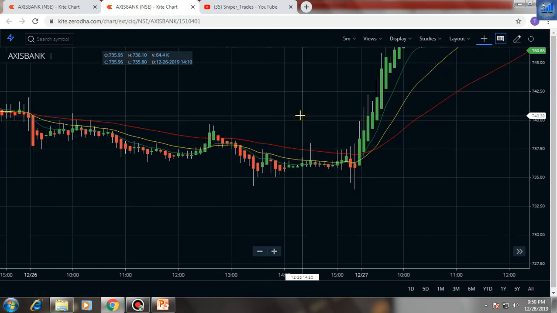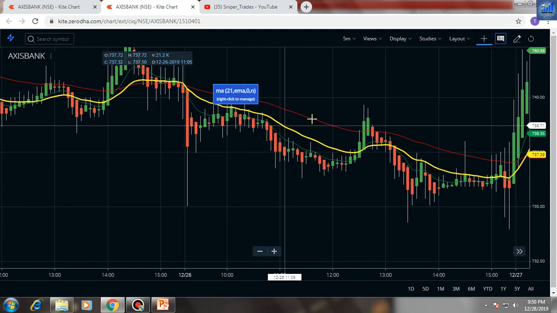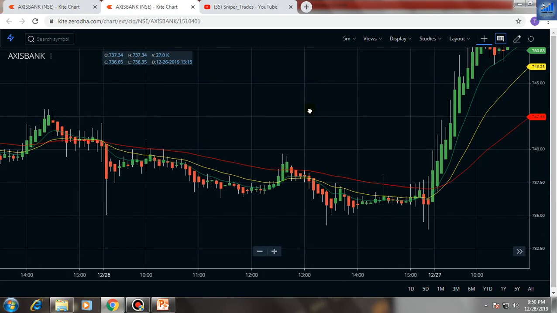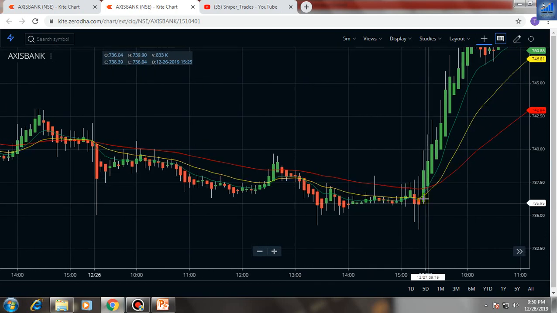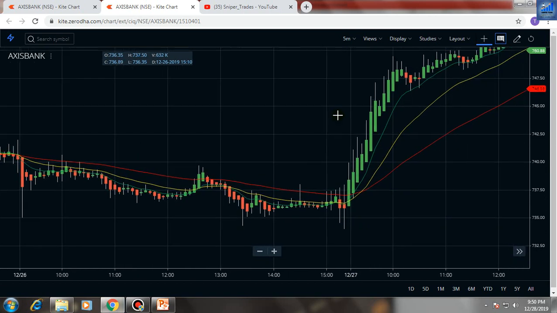So it is giving us enough opportunity to trade. No need to wait much until the crossover occurs again in the opposite direction. No need to be that greedy, or if a trader is willing to take risk, he can certainly hold that position, no problem.